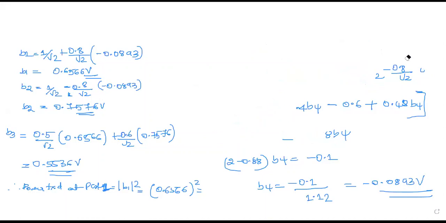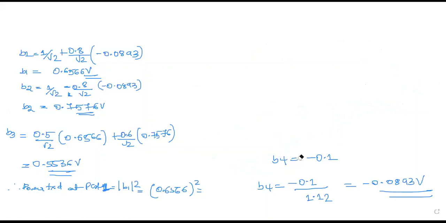B1 square is the power transmitted at port 1, B2 at port 2, B3 at port 3, and the power transmitted at port 4 will be the magnitude of B4 square.